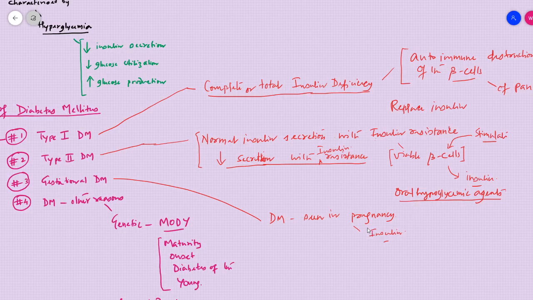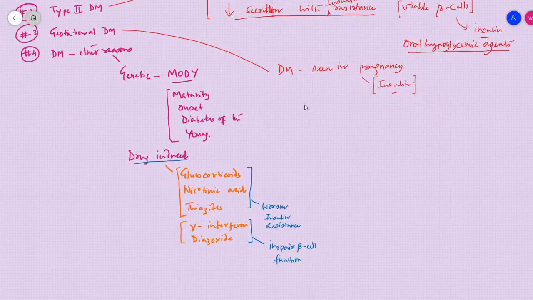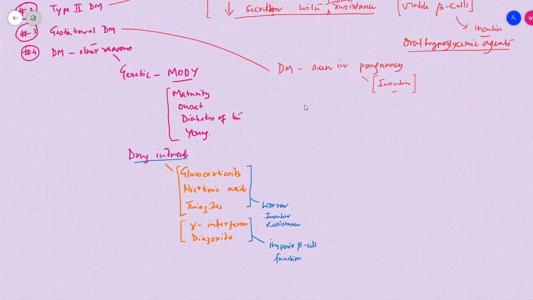But to be on the safer side, insulin has better evidence. So that's gestational diabetes mellitus.